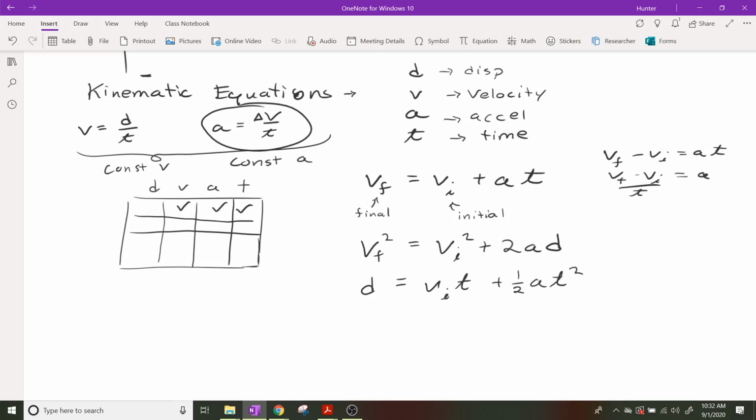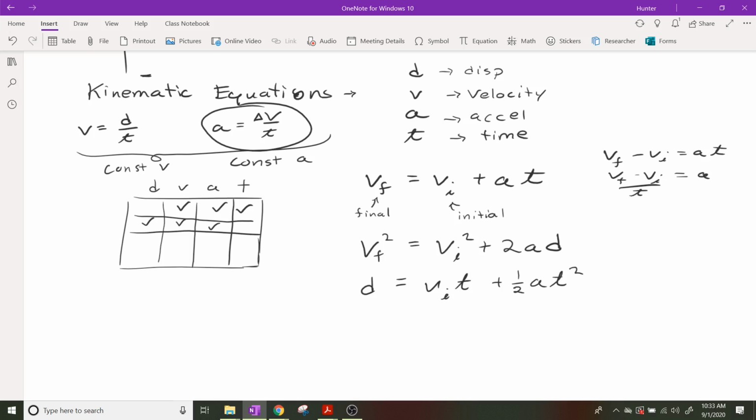Now, sometimes that works, sometimes that doesn't. That is the simplest equation because it has no squareds in it, and if you can get away with using that, I would always use that one. But sometimes they don't give you things like time, for example. So if we look at the second equation, Vf squared equals Vi squared plus 2Ad, that's got velocity, acceleration, and distance, but time is left out.